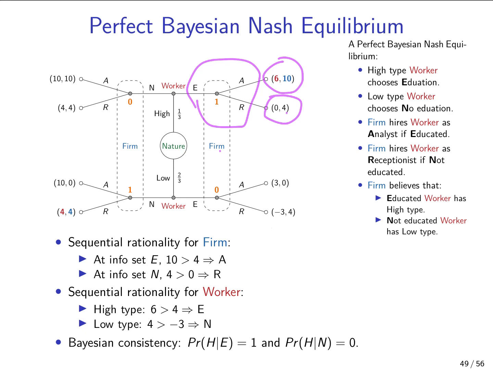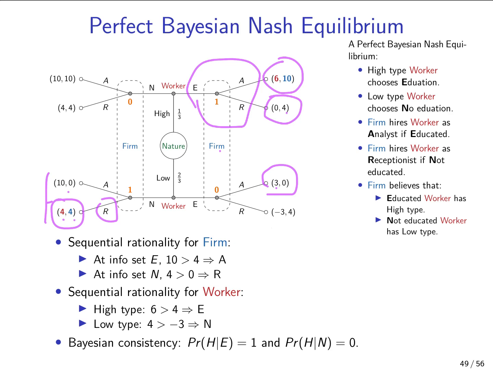Similarly, if it's a low type, the firm would realize that it's here, so 4 is greater than 0, so it chooses to hire as a receptionist. And sequential rationality for the worker, knowing that getting education would mean being hired as an analyst, compares this number and this number, and 4 is greater than 3.